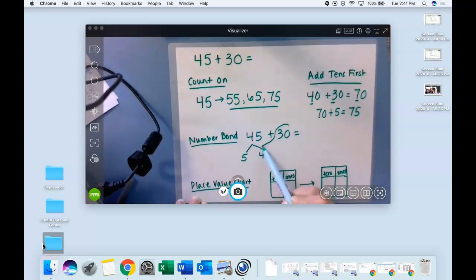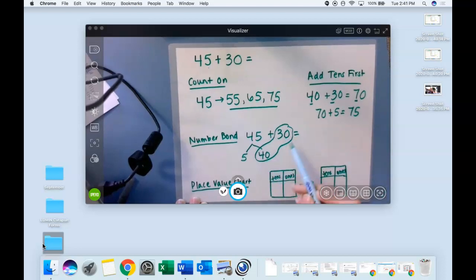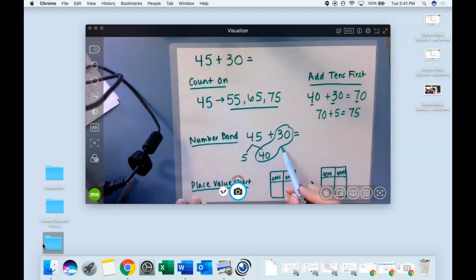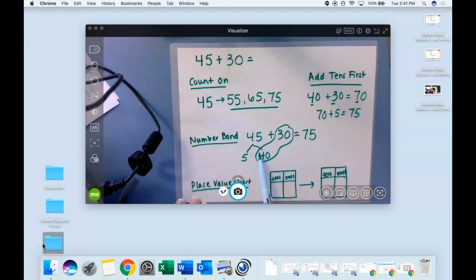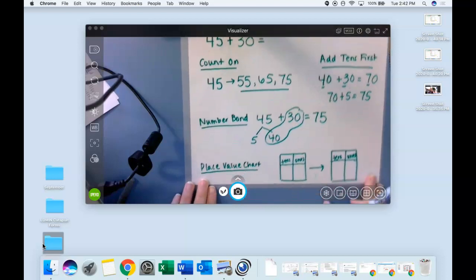Now I can easily see that I can add my tens first. 4 tens plus 3 tens, or 40 plus 30 is the same as 70, and 70 plus 5 is 75. These two strategies are very similar. But this one involves decomposition first versus this one is just looking at the tens place first and then the ones place. So there's a slight difference there.